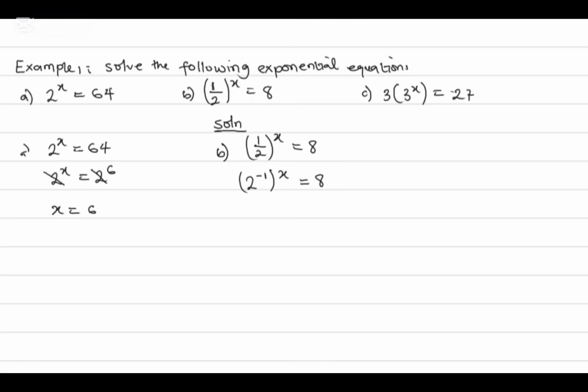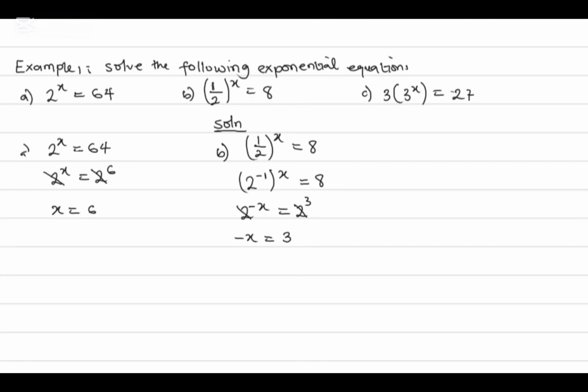Opening up the brackets using our knowledge of indices, I will have 2 raised to power minus 1 times x, which gives minus x, is equal to, now the base on the left hand side is 2. Can I turn 8 to 2 raised to power anything, so I will have common base? Absolutely yes is the answer. So 8 is 2 raised to power 3, and then I will eliminate common base. So I can say now that minus x is equal to 3.